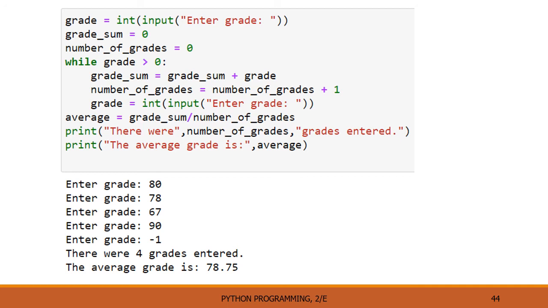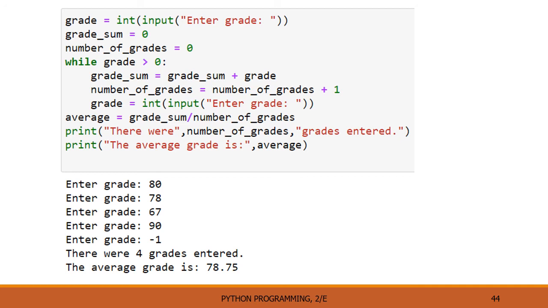So note the iteration where the user enters a 90. The user enters a grade of 90. 90 is greater than 0. We add 90 to grade sum. We add 1 to the number of grades. Then we ask the user to enter another grade and the user enters a -1.